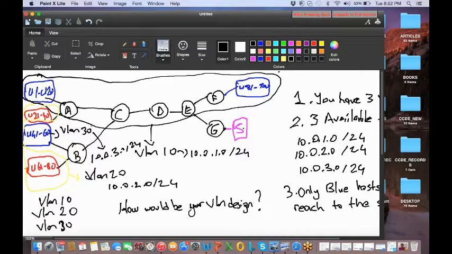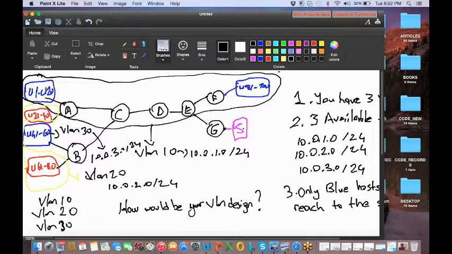Now good: VLAN 10 blue users. Cool, we can put a /24 filter here. And also VLAN 30, another /24, blue users. The red ones we don't want, and they are in VLAN 20. For the blue ones we can just put two /24s, but we cannot summarize them because they are not contiguous.